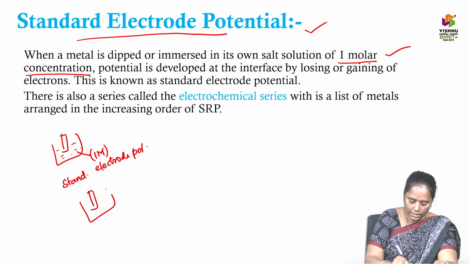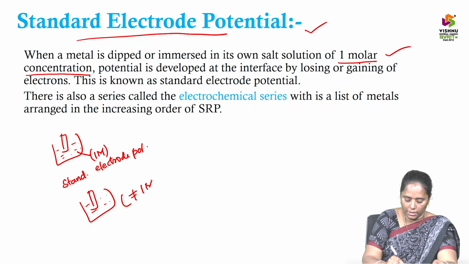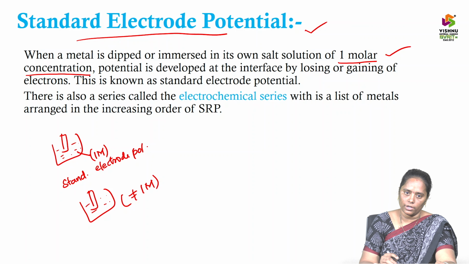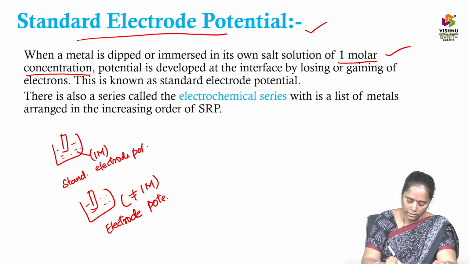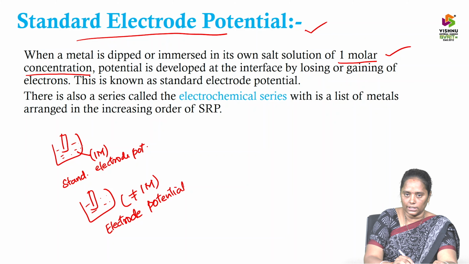If the electrolyte concentration is not equal to 1 molar, it may be 0.1 molar, 0.5 molar, 2 molar or something else, the potential developed is termed simply electrode potential. Standard means the electrolyte concentration is unimolar, 1 molar.